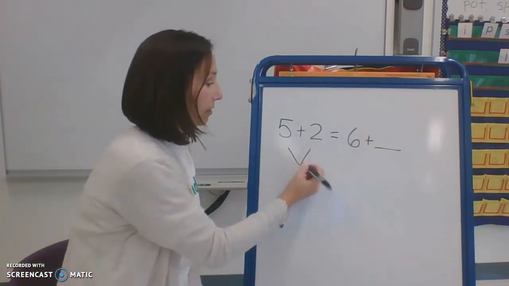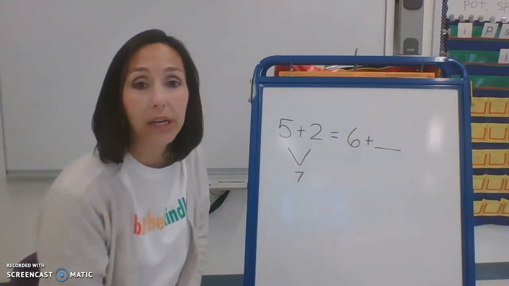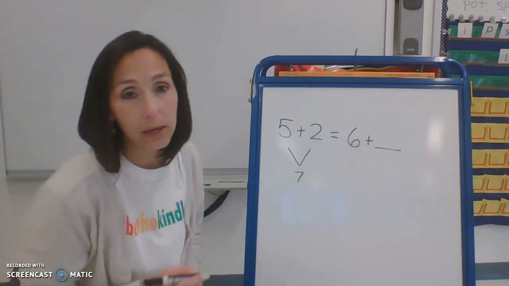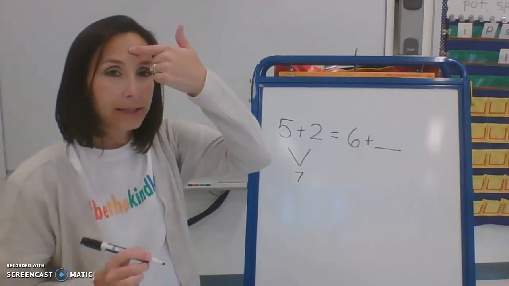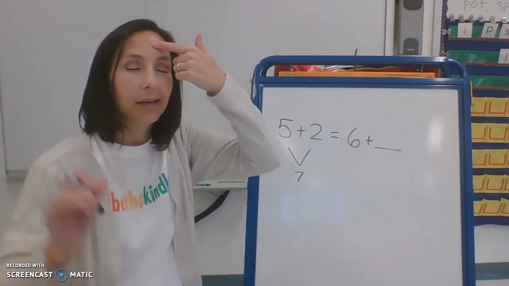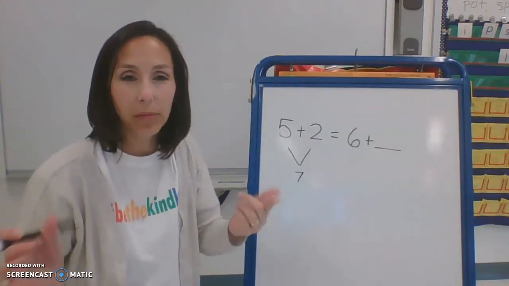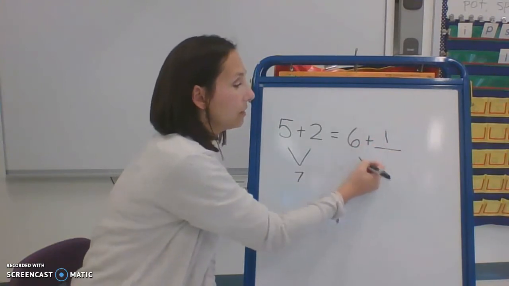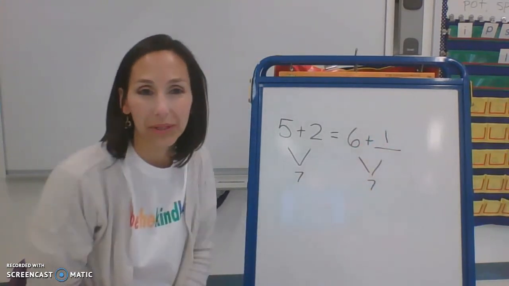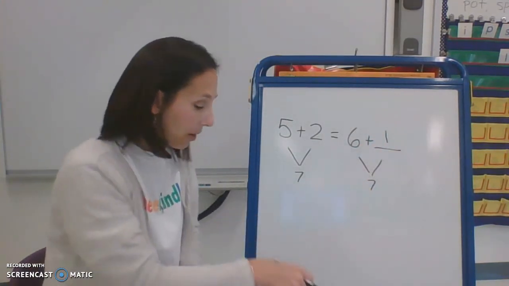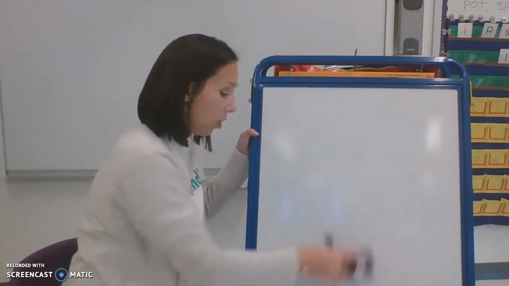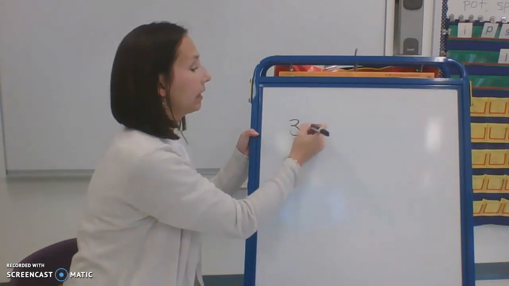So this together, I know 5 and 2 equals 7. So I need to get this side to also equal 7. So I would think to myself, okay, 6, 7, right? Count on with my counting stick, and I know that if I put a 1 here, this side would also equal 7. Okay?